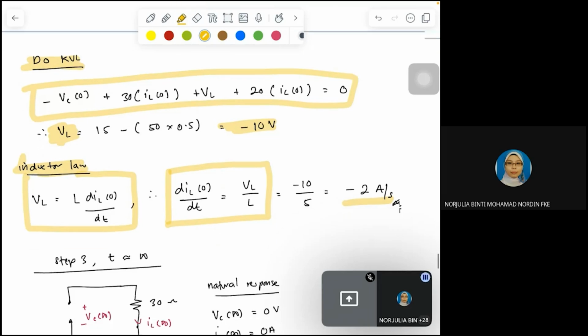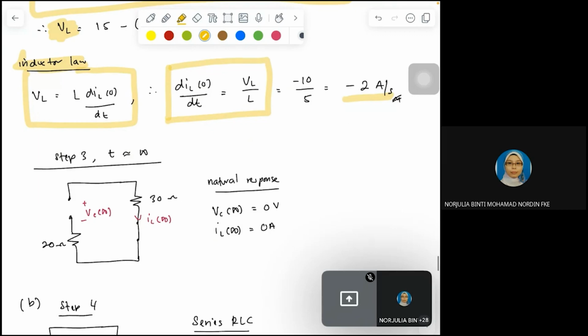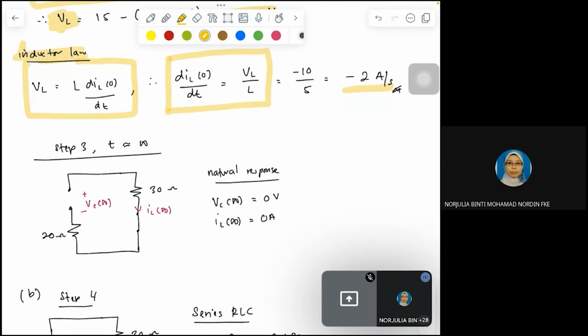Then at step 3, we are analyzing the circuit after 0, and at this moment your circuit falls under steady state condition.